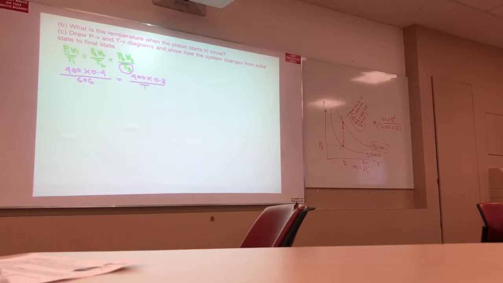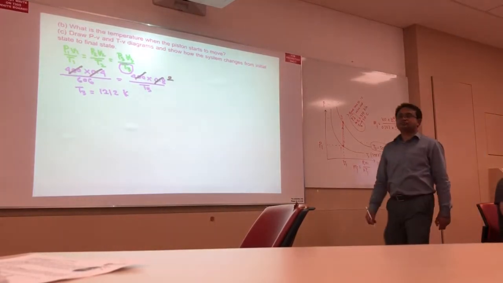T3 I do not know. Right? So T3 becomes 1212. Very simple. Then this one cancels, so this one and this one is 2. Done. Very simple. Right?